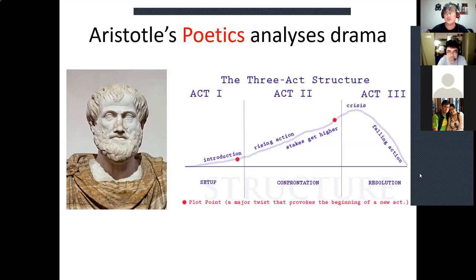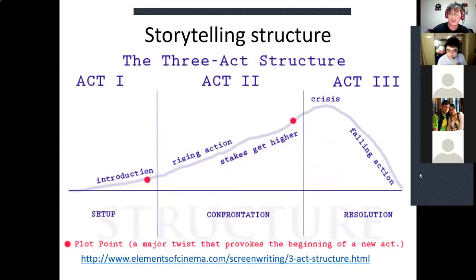One is your protagonist, your hero, and the antagonist, your villain. So the bad guy and the good guy basically have to go at it. And that is what your story is about. That is your irreversible change. And that is what you see in the three act structure.